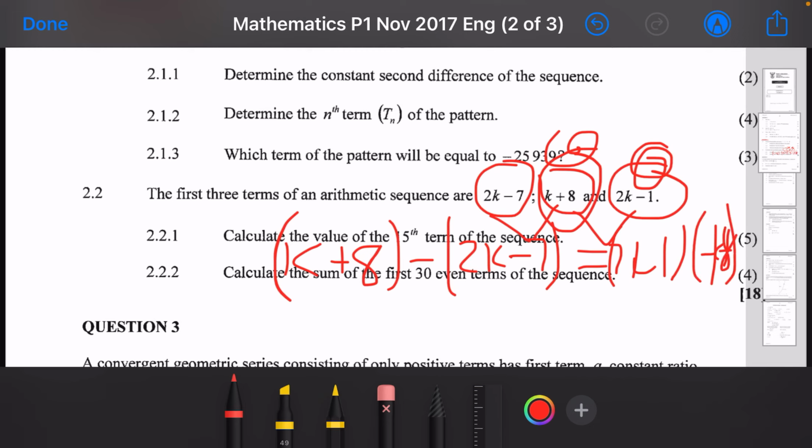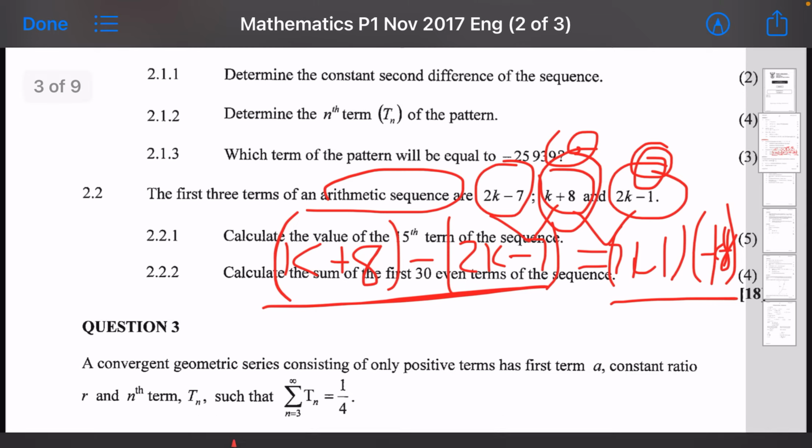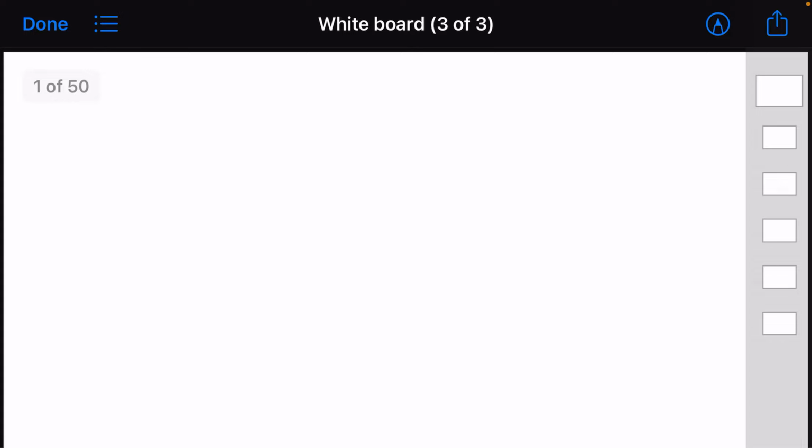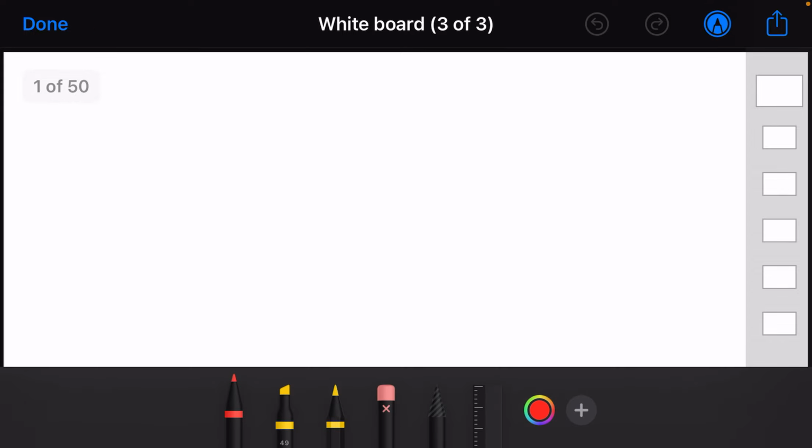Question 2.2. You're given a statement, and they're saying the first 3 terms of an arithmetic sequence are 2k minus 7, k plus 8, and 2k minus 1. It is massively important that you are able to notice the type of sequence you're dealing with.